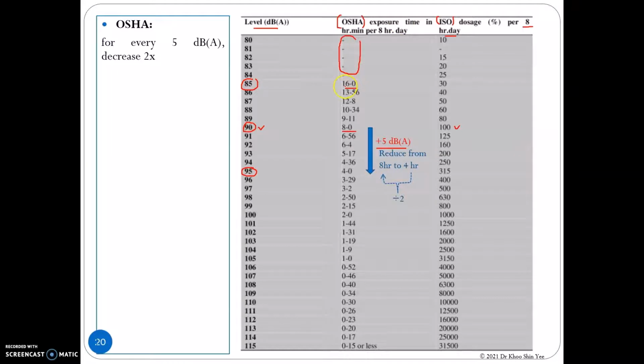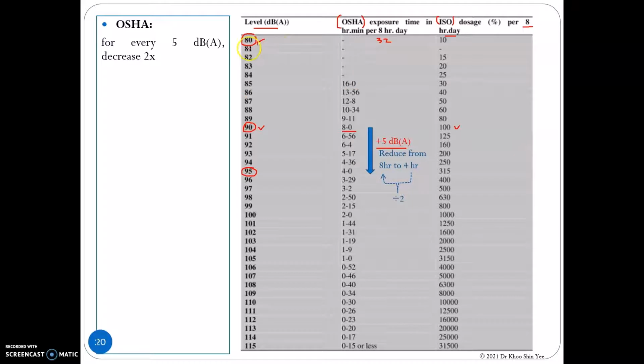We can use this information to find the OSHA exposure time at 80 dBA. So now in this case, you can see that we minus 5 dBA. By using this relationship, we should multiply 16 by 2 to obtain 32 hours. So this is the exposure time at 80 dBA.